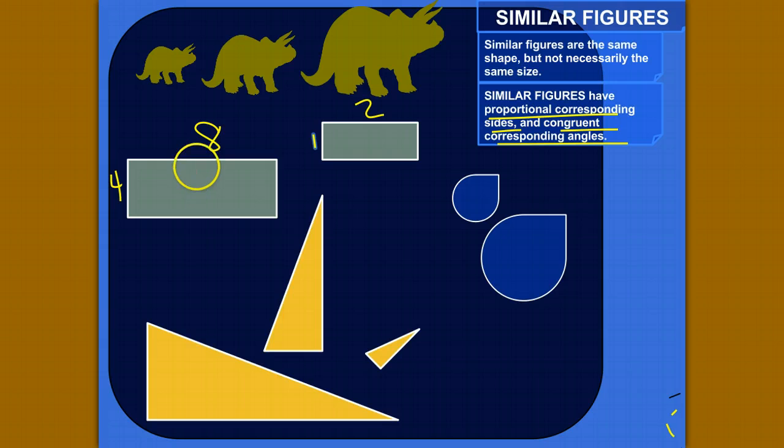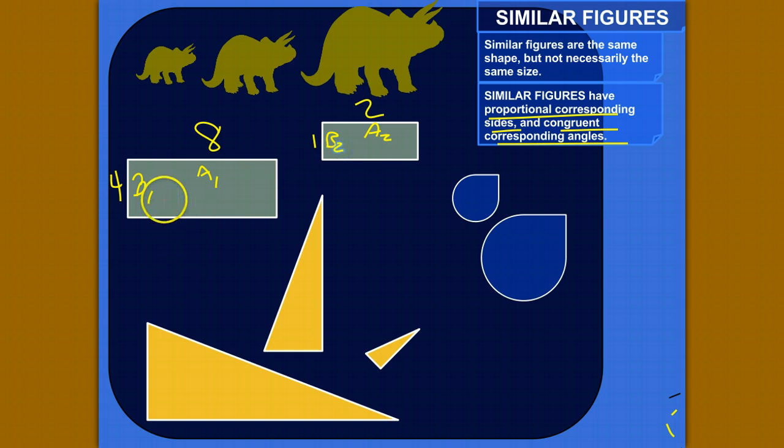Let's call this side A1 and this side B1. So the corresponding sides would be A2 and B2.